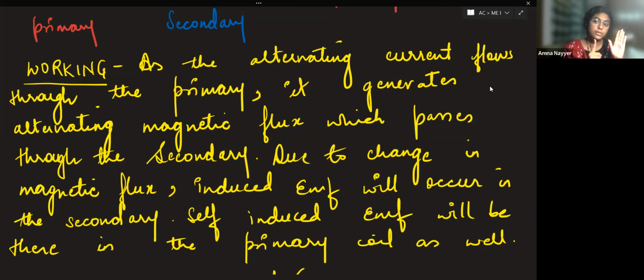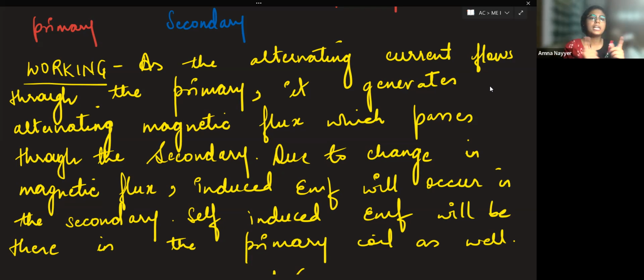We have studied in EMI that magnetic flux changes. If magnetic flux has been changed in the primary coil, then induced EMF will occur in the secondary coil. Simple, whatever you have studied for mutual induction.